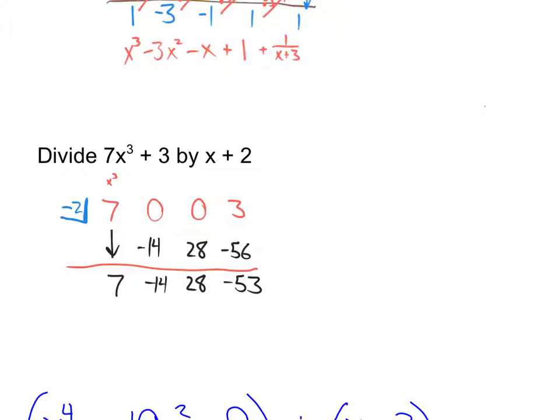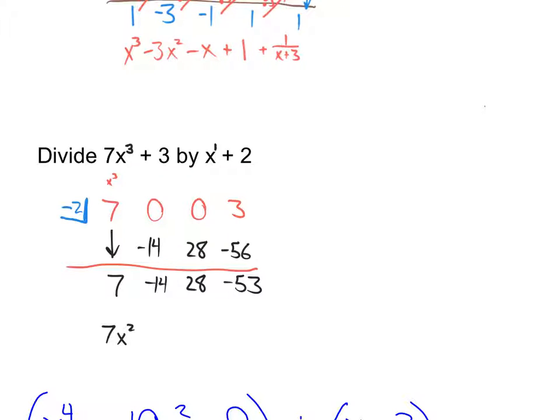If you leave things nicely spaced out, you might be able to fit the powers of x in there, or you can just rewrite it here. We would have 7x to the second power, squared. We started with x cubed, and we're dividing by an x to the first, so it's going to reduce that power by 1.